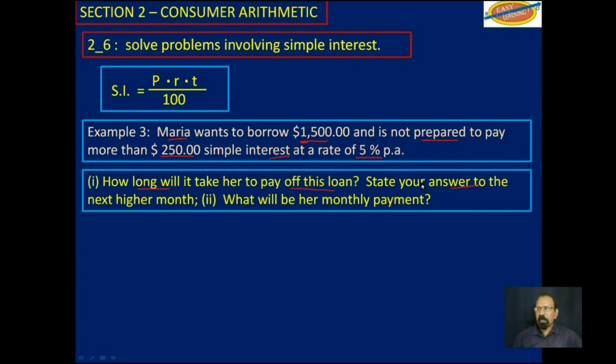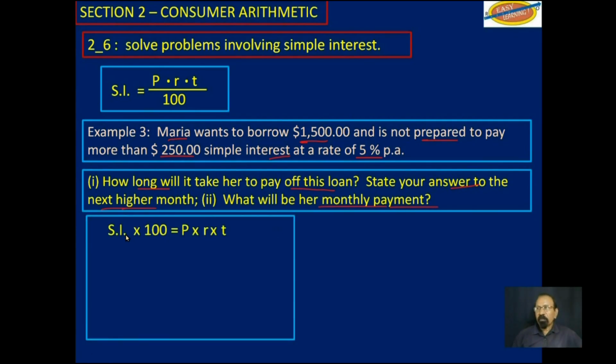State your answer to the next higher month so that if you do a calculation and you get 6 months and 3 days, you would have to call that 7 months. Or you get 25 months and 20 days, you would have to call that 26 months. So you will state your answer to the next higher month and what will be her monthly payment.